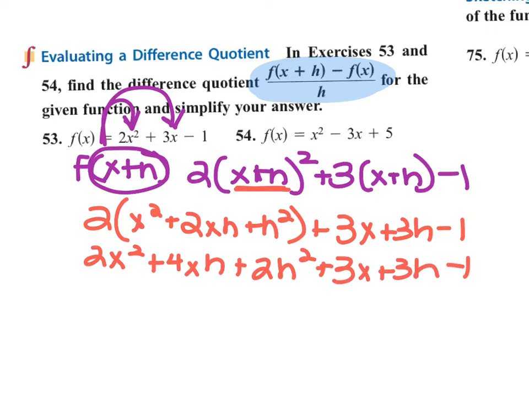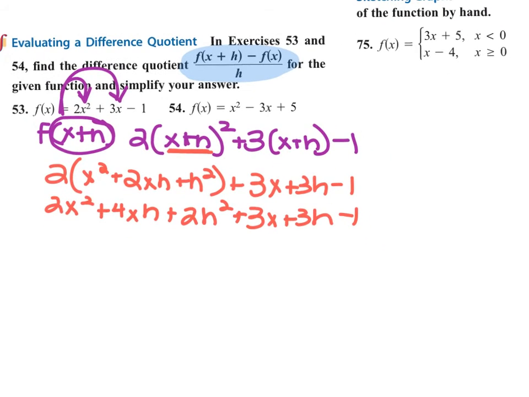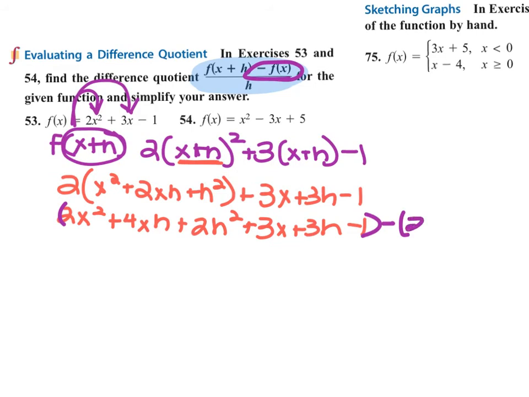See if I can combine any like terms, and likely there you're not going to be able to. There's not. And then from that, I'm going to do the second part, which is subtract f of x. So all of that minus the original f of x, which is 2x squared plus 3x minus 1.